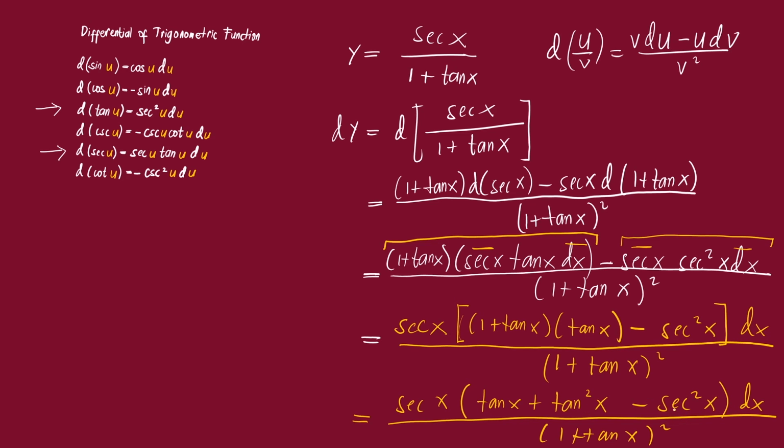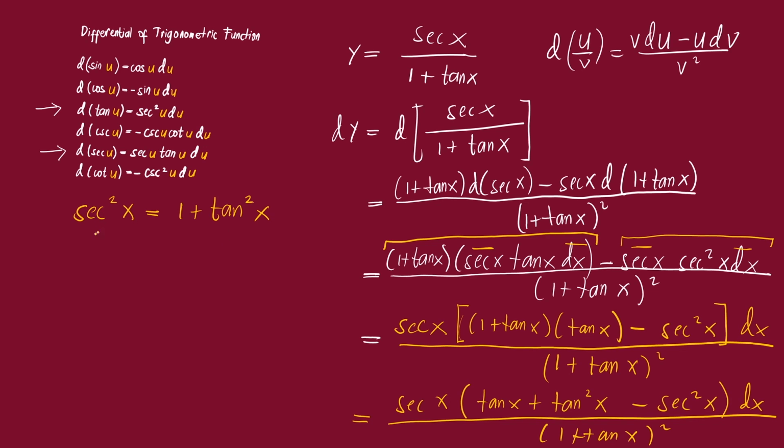We have the identity that secant squared x is equal to 1 plus tangent squared x.